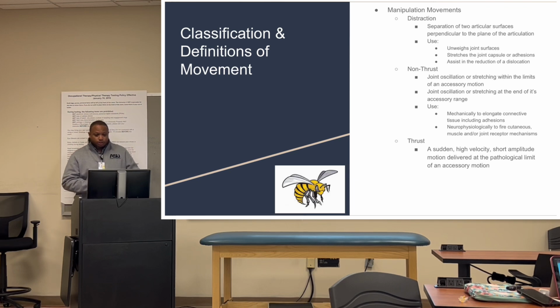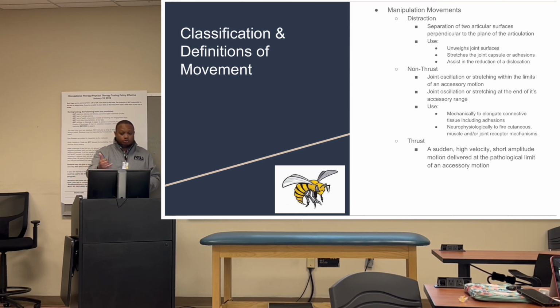All right, so we have our manipulation movements. Distraction, which is the separation of two articular surfaces. So if you go back and look at that slide where we talked about the concave surface being the treatment plane, and you look at those different numbers and directions of those lines, and you see one line moving away from the concave surface, that's when you have distraction.